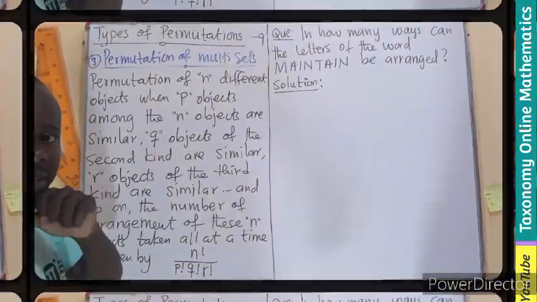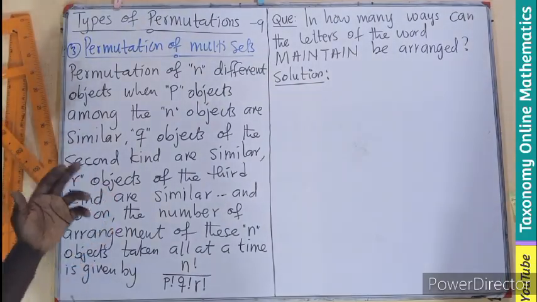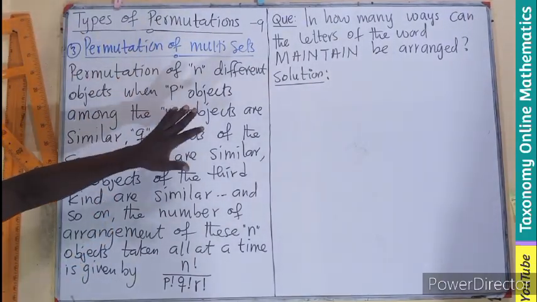All right, so as stated, we have the third type, which is permutation of multiset.